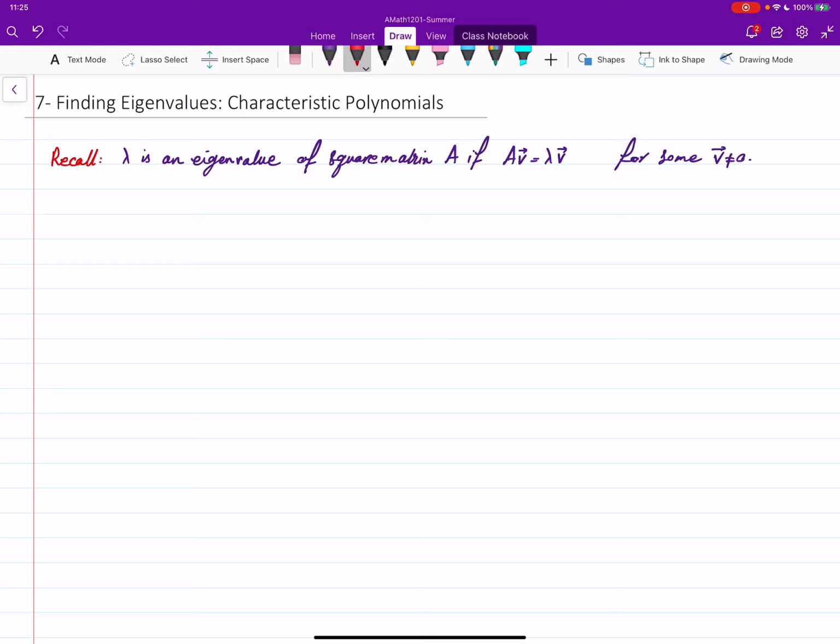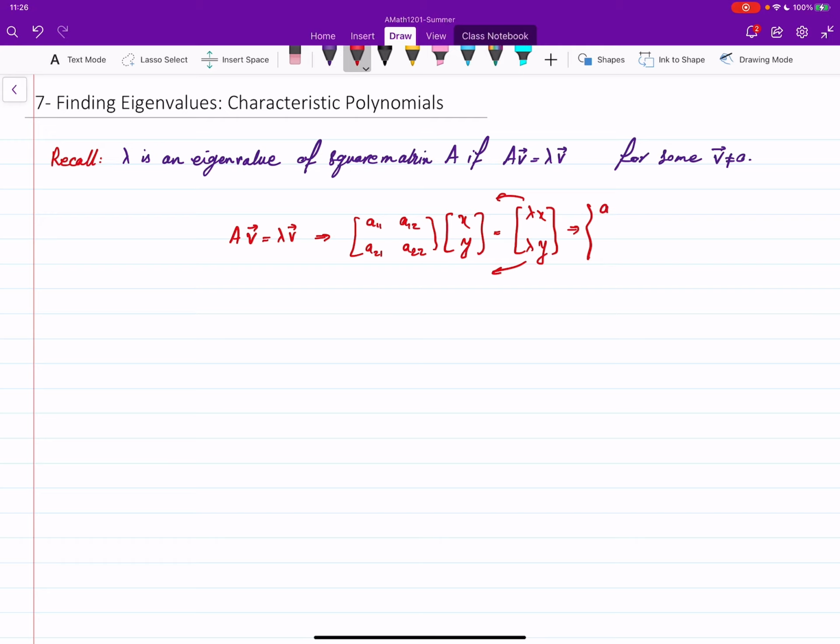When you look at that Av equals lambda v, and you open it and write it as equations, let me just do it for a 2 by 2 matrix. So this is a11, a12, a21, a22, times x, y, equals lambda x, lambda y. Then I write this as equations and take lambda x and lambda y to the left hand side.